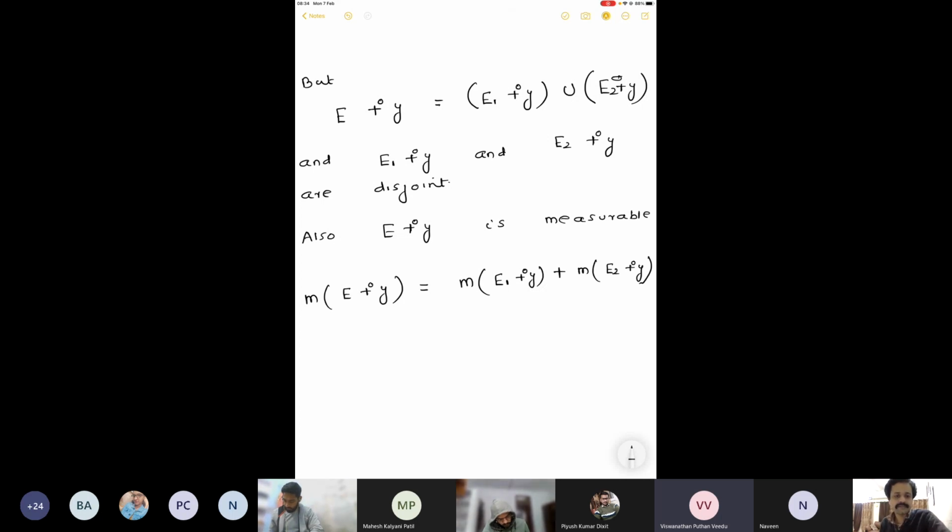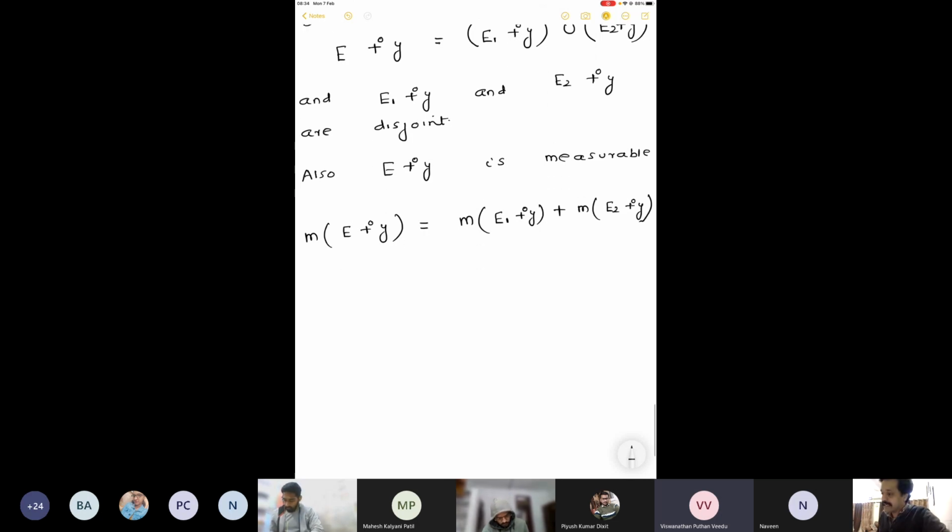Do you get me? What is missing is only the part that E plus y is equal to E1 plus y union E2 plus y. That is an exercise, a direct verification, so I don't want to enter into it. And we have seen that measure of E1 special translation of y is the same as measure of E1 plus y, and measure of E2 plus y minus 1.